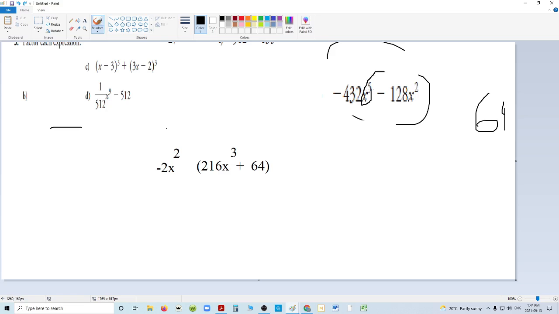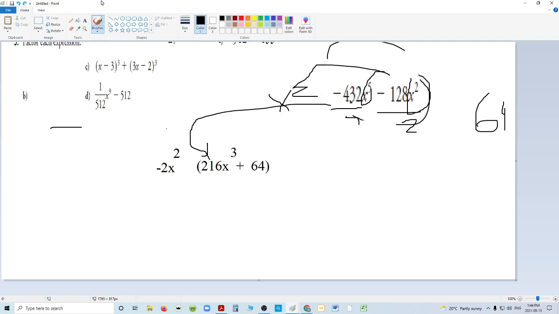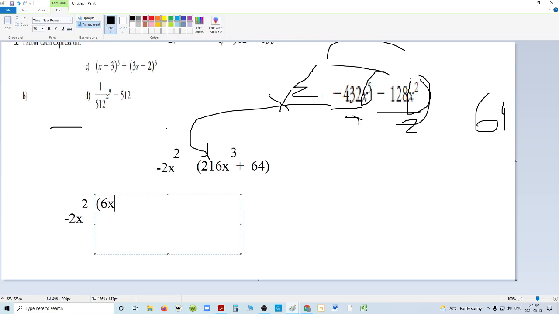Now, how did I know to factor out 2x squared? Well, notice this is x to the 5 and this is x to the 2, which means you can bring an x to the 2 out. And then you just kind of know, oh, I know 64 has a cube root, 128 doesn't. I wonder if I divide them both by 2 if I'll get a cube root possible number, and you will, 6. So now you just leave that minus 2x squared in front, and your first term is 6x, and your second term is 4.